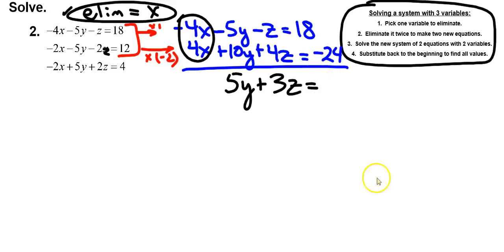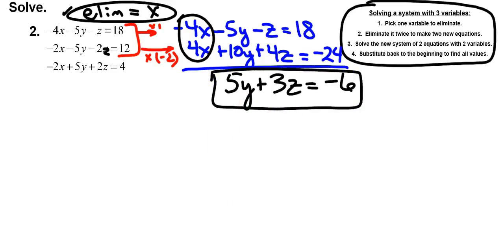And then 18 and -24 will combine to make -6. So we have one equation here, 5y plus 3z equals -6. And we're going to work with that a little bit more in just a moment.